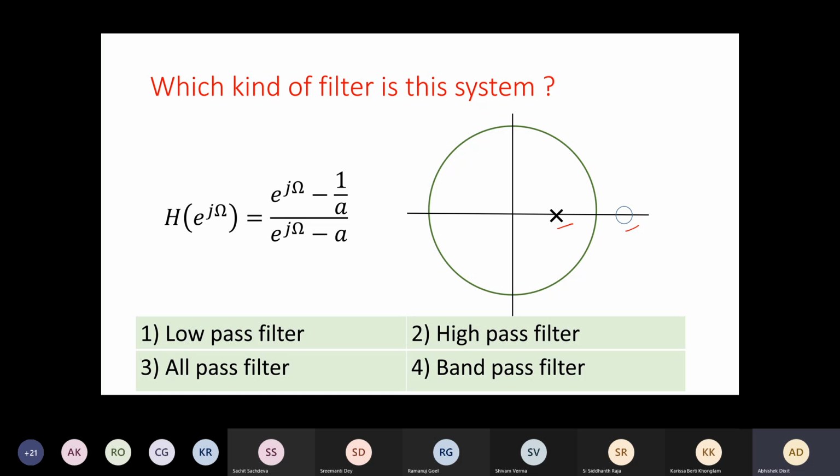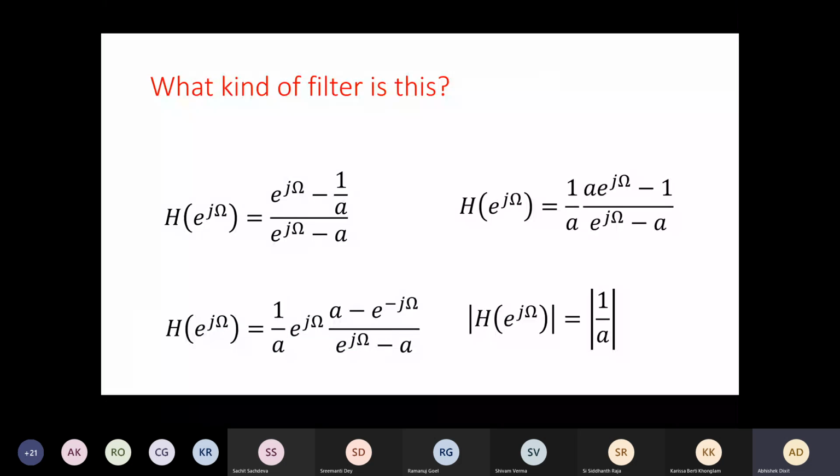Something happened. My slides are not moving. Yeah, now it's fine. So H(e^jω) is this. What I have done is I have pulled out 1 by A, and this thing becomes like this, simple arithmetic. Now again I have done a simple step.